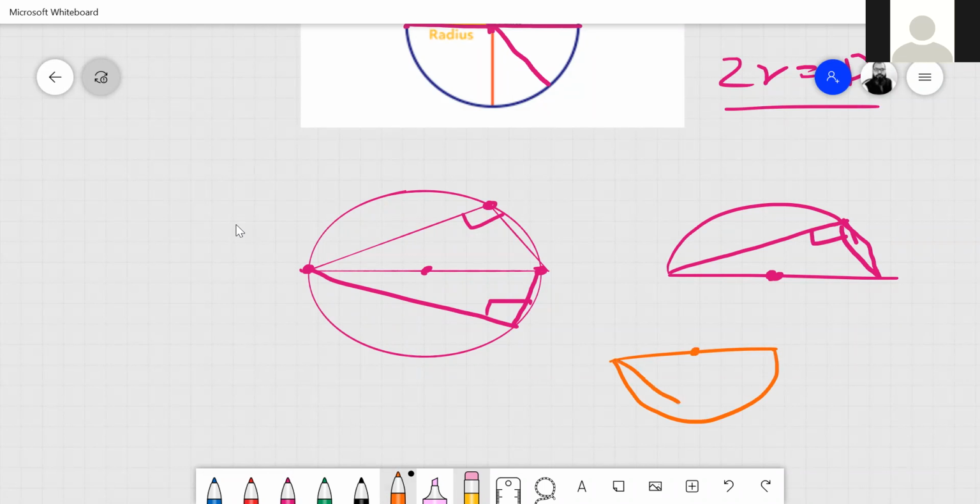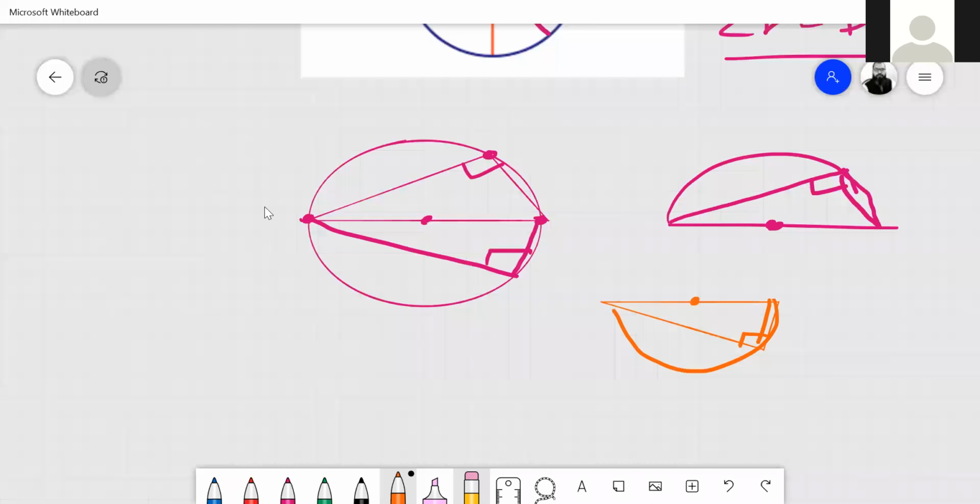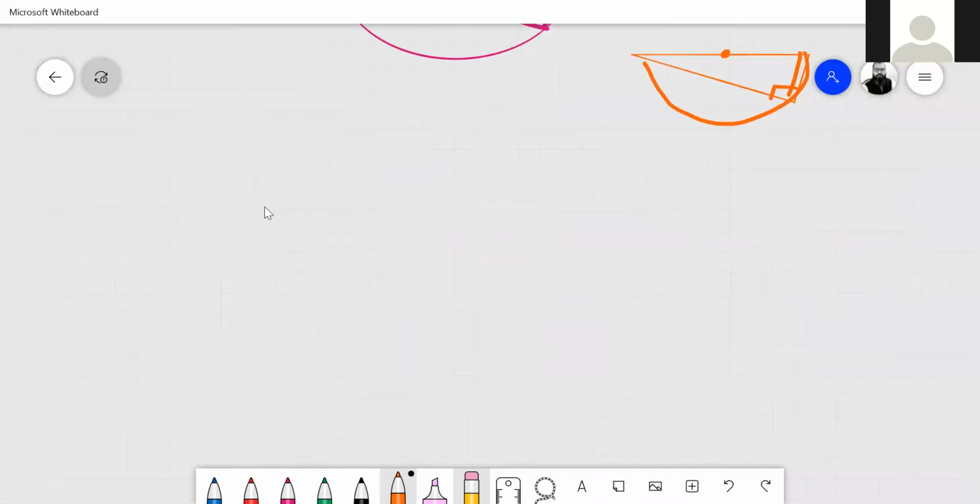From here it moves and goes there, so this angle will be 90 degrees. Here, this angle is 90. Okay, now with the help of these points, we can come towards the example.